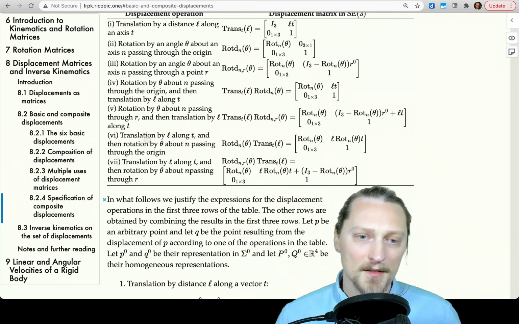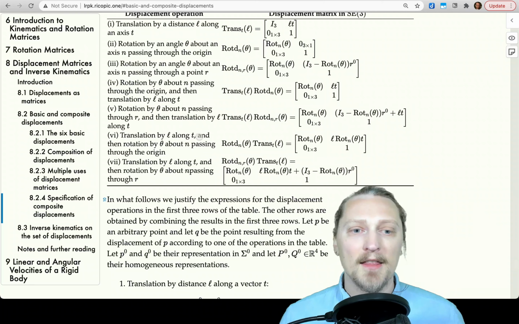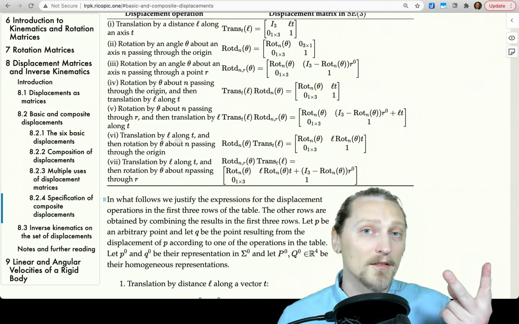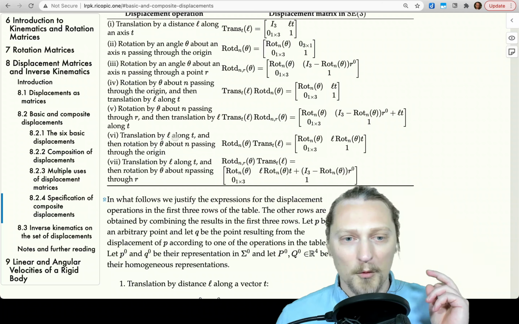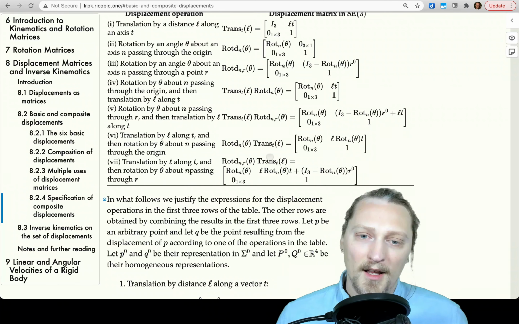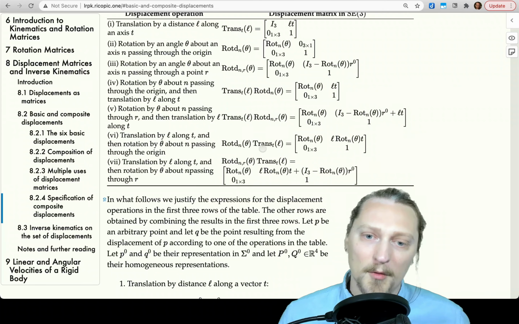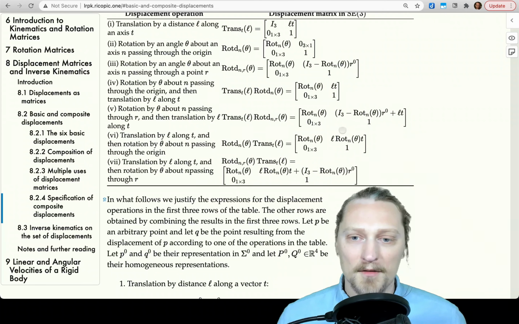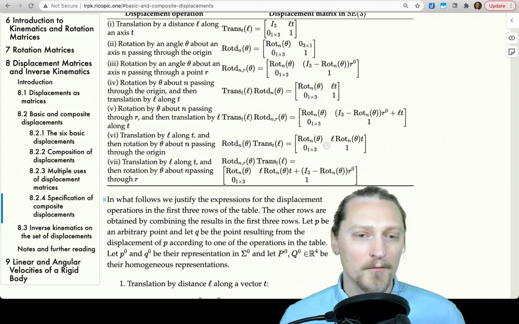Again, we have a translation by L along t, and then a rotation. So now we've flipped the order. We're translating first, and then we're going to rotate. That one means we have to right multiply by the translation, which gives us this. That was a little tricky.